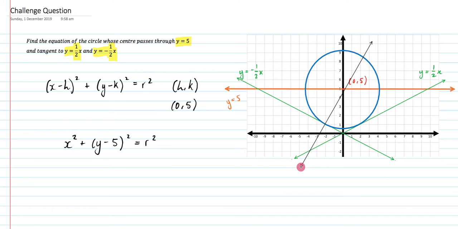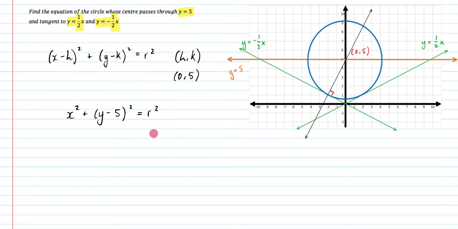This is a line that is perpendicular to y equals a half x and also passes through (0, 5). So it's going to be a right angle there. Let me scroll down a bit.